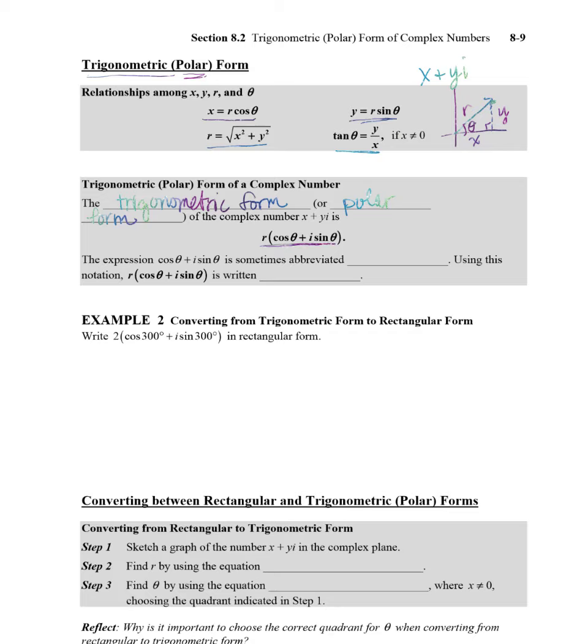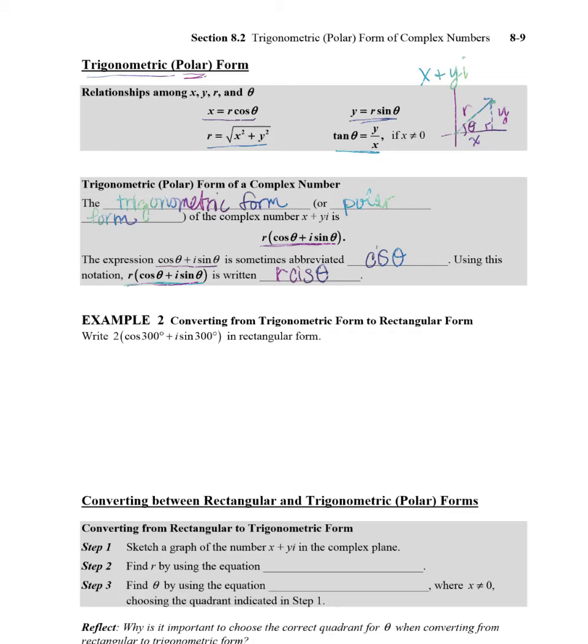Now this is the same thing as if r was being multiplied by each of the parts, r times the real part plus r times the second part, but this is just how we write it in the trig form. The expression cosine theta plus i sine theta is sometimes abbreviated cis of theta. Using this notation, we'll just put an r in front of that. So r cis theta.